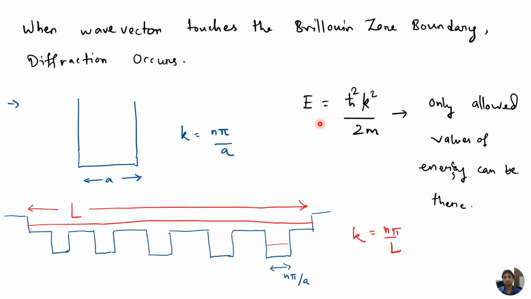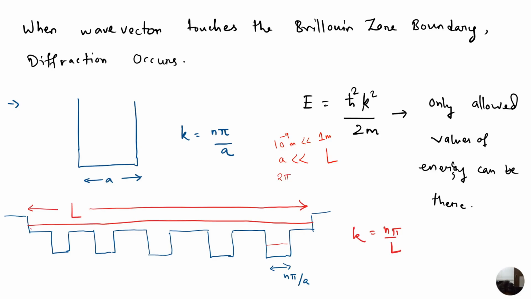Can you repeat this? Okay, sure. What we have is A is much smaller than L, because L is of the order of 1 meter and this is of the order of 10 to the power minus 9 meter. So A is very less than L. This is clear.